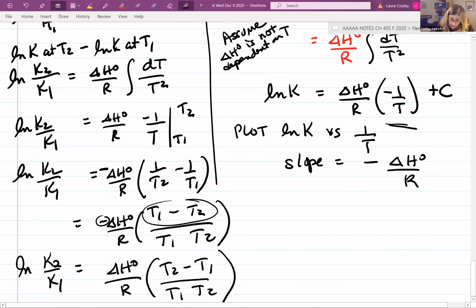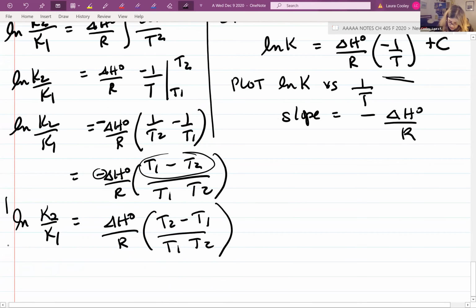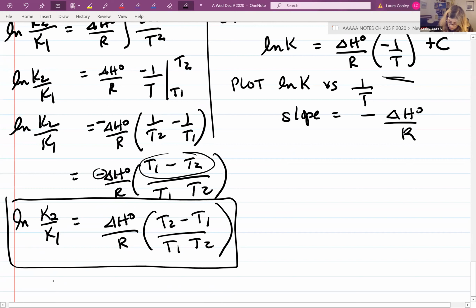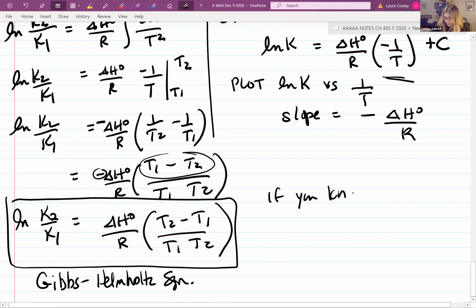Yeah, and you have to keep in mind that this K2 is K at T2 and K1 is K at T1. And so that's how you end up with this Gibbs Helmholtz equation. It's a very nice equation because what does it let you do, right? So if you know K at two temperatures, you can get the delta H0.